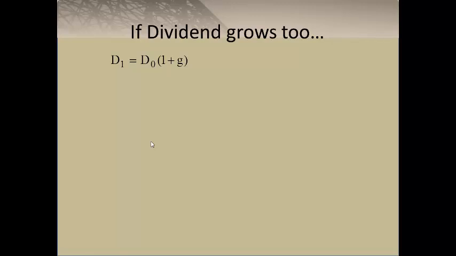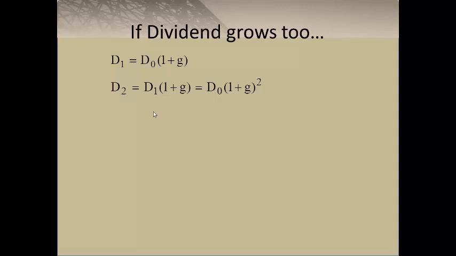So D1 here could be represented as D0 times 1 plus g. D2 could be D1 times 1 plus g, because every dividend is growing over the previous dividend at the rate g. But wait a minute, D2 is expressed in terms of D1, and D1 from above is expressed in terms of D0.